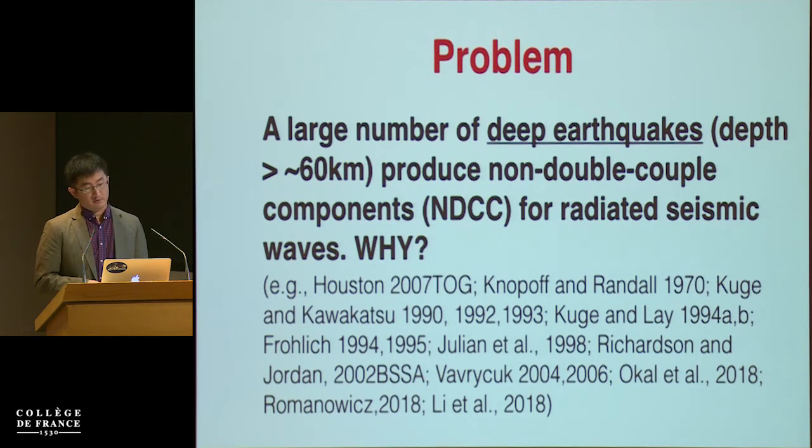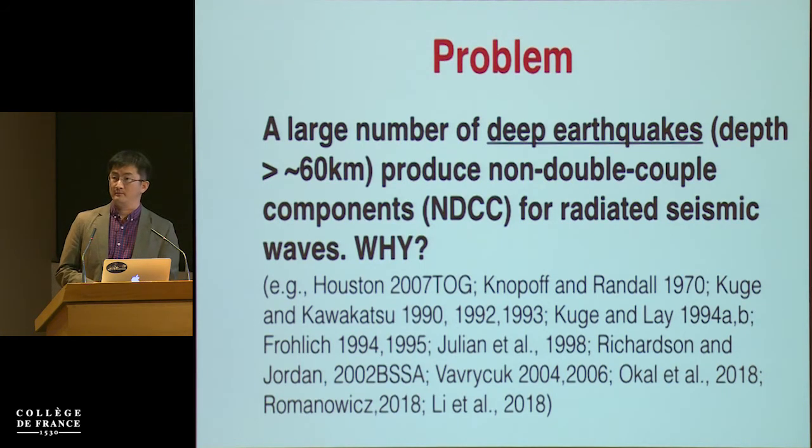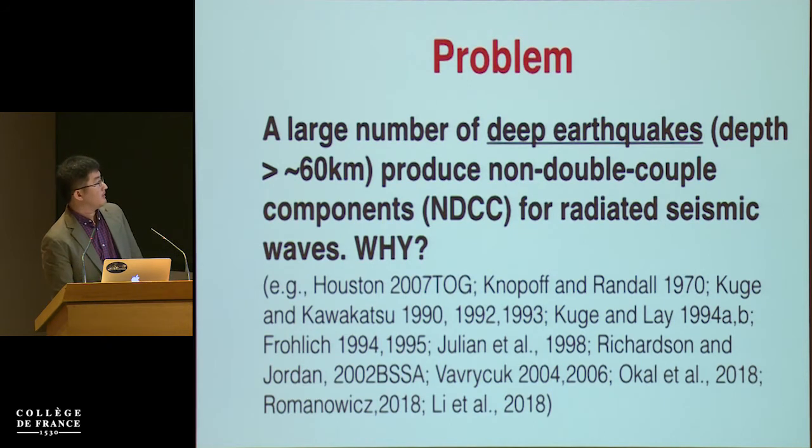However, he didn't tell you about this non-double couple problem. He also has a very good review paper. Recently, Fabry and Cook, 2004 and 2006, proposed using this non-double couple component to invert for anisotropy. Alkel found implosion components in a CFA earthquake.